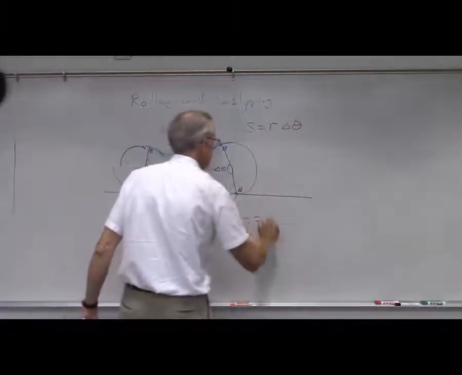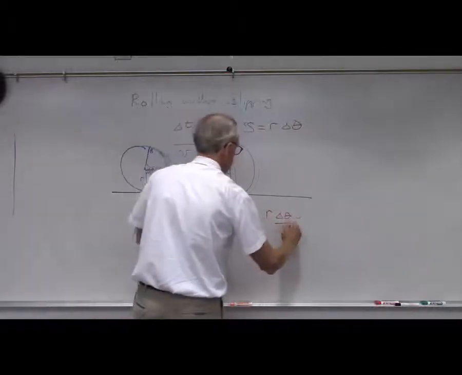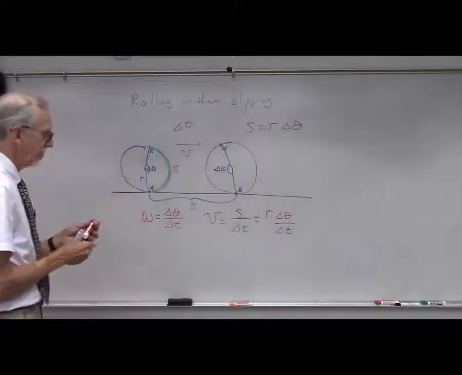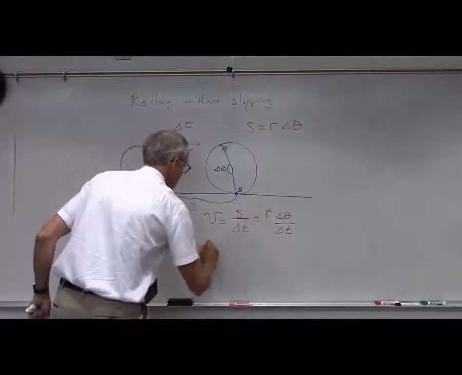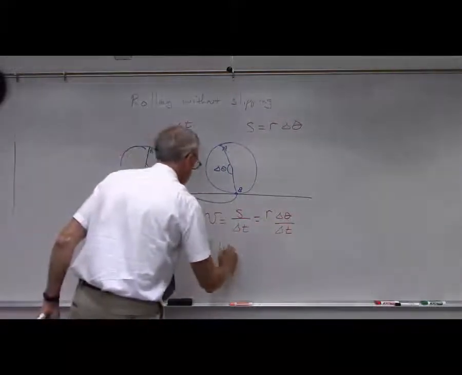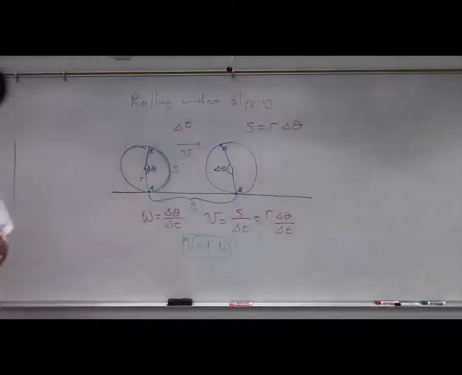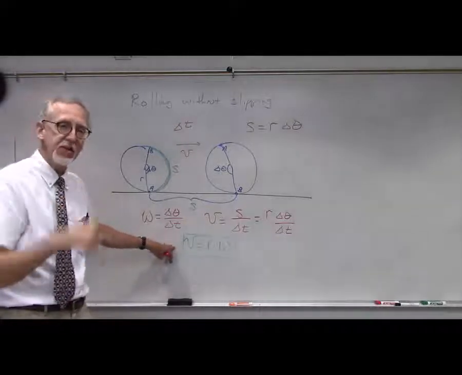V is equal to r delta theta divided by delta t. Well, look at that. What do we have? We have that v is equal to r delta theta over delta t, which is omega. V equals r omega. Now, you might say, well, we already did that. We got v equals r omega previously.